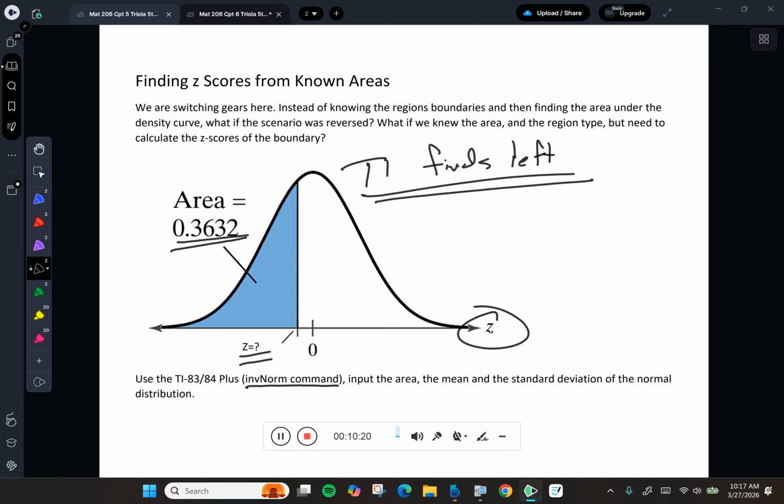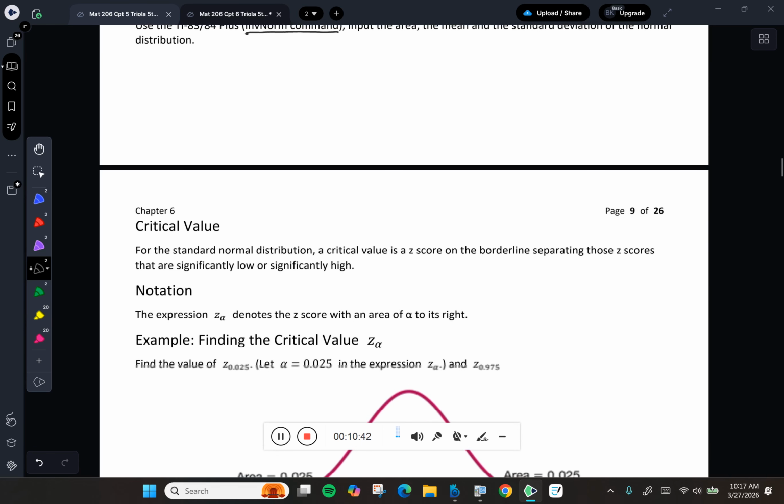I'm not certain. The technology changes literally every year, and I just don't know all of the different calculators. So if you happen to have one that can find right tails, that's great, use it. I'm delivering this lecture from the perspective of only finding left tails. It's just using that left tail command.